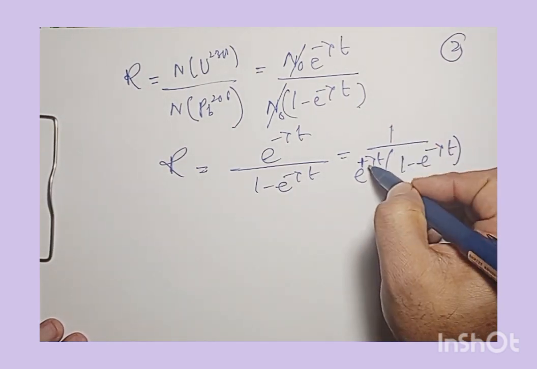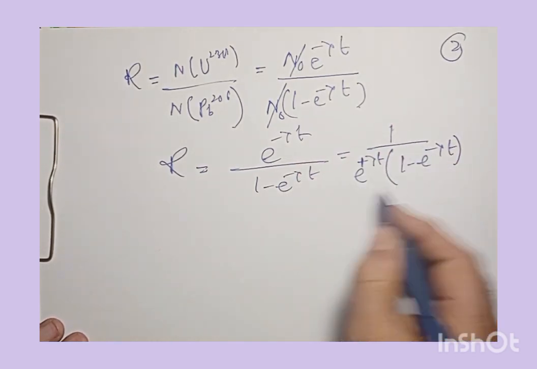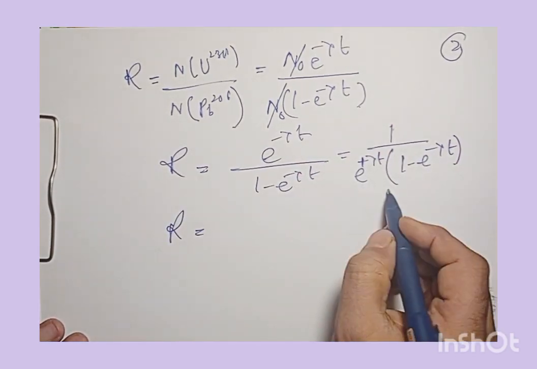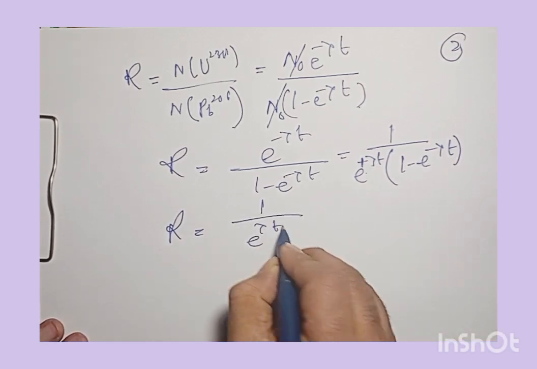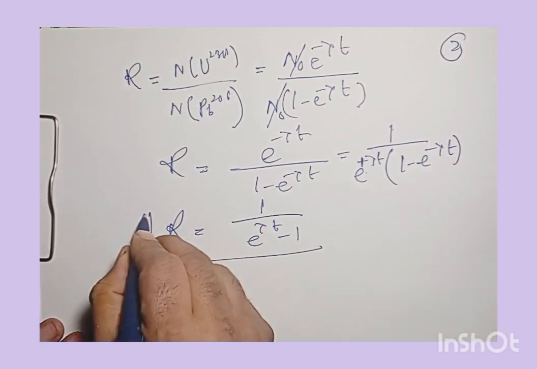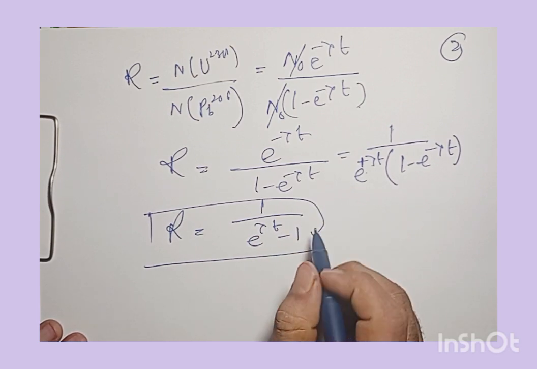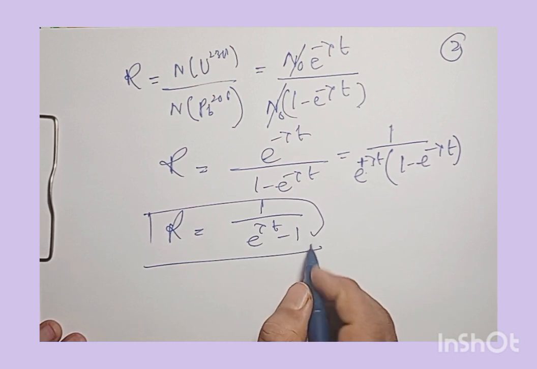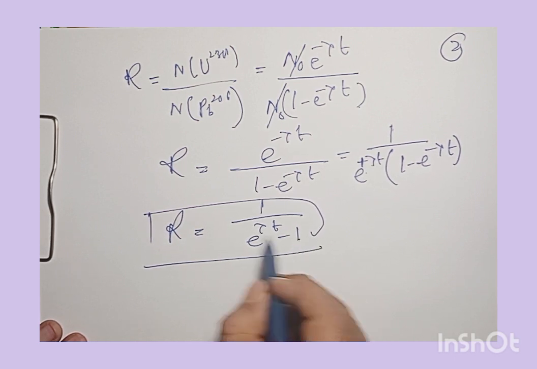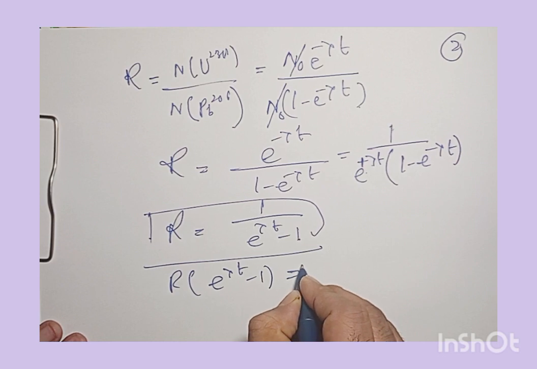So if I multiply this with e to the power of plus lambda t, you will get 1 out of it. So R will be, e to the power of lambda t will go inside, and what I'll get is e to the power of lambda t minus 1. So this R is going to give me the ratio, and I can move on from here in terms of R. If I take it down here, it will be R times e to the power of lambda t minus 1 is equal to 1.